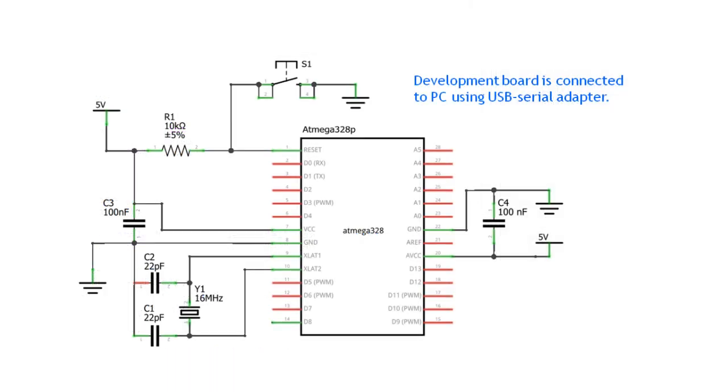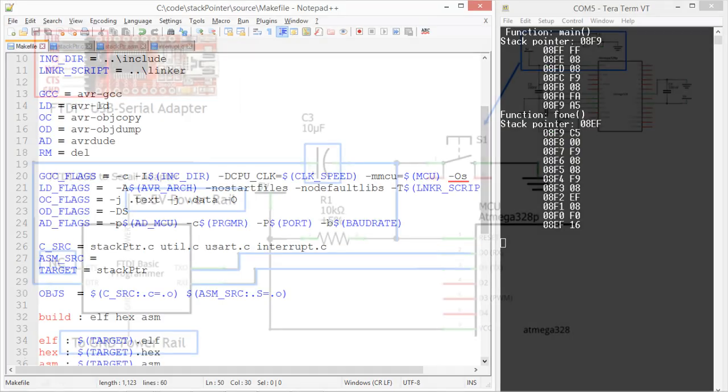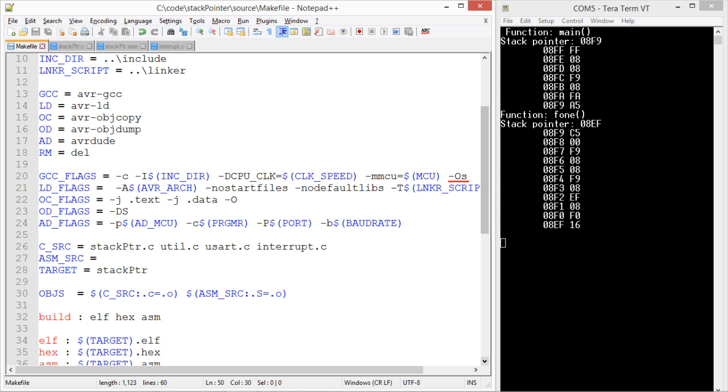We need a development board with the base circuitry connected to the development PC through a USB serial adapter. The details of the base circuitry and wiring of the USB serial adapter are discussed in detail in the previous lessons. Remove the optimization flag -Os in the makefile and add the -g flag.